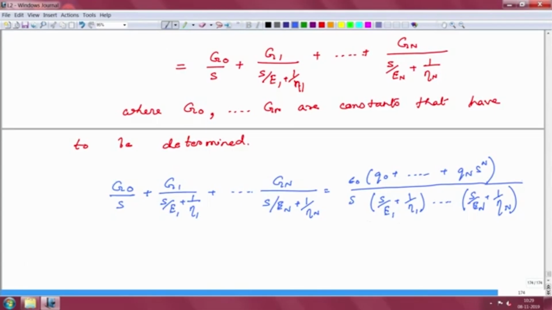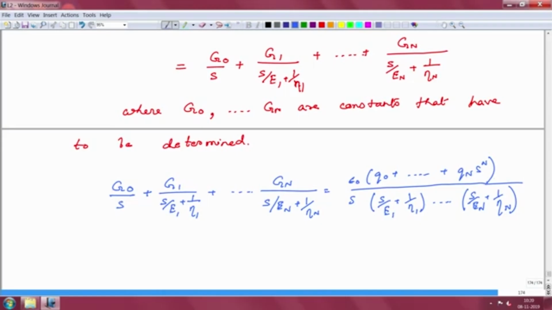So, you can take this entire denominator here, bring it over here, multiply this, and you will end up having both sides as polynomials, with powers of s going from 0 to n, right.